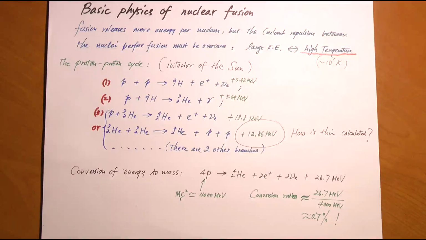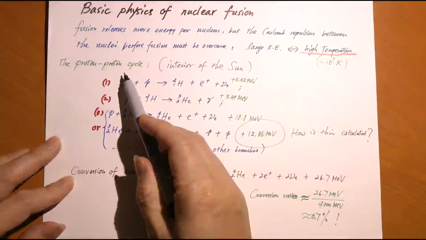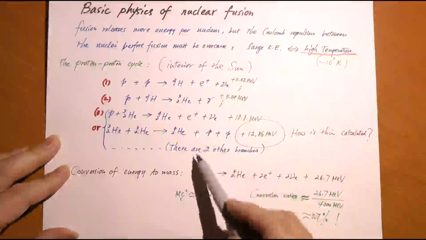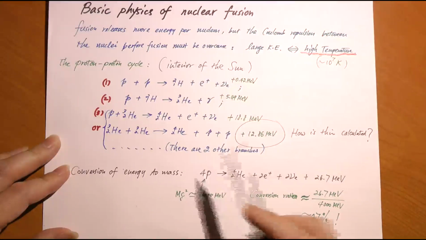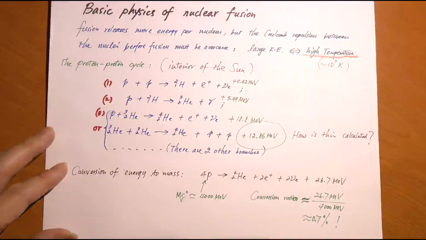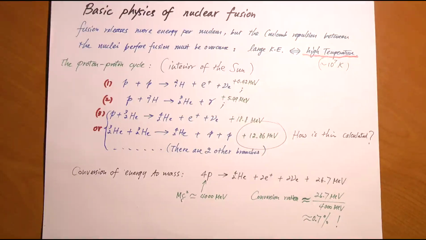The core temperature of the sun is about 15 million Kelvin, 1.5 times 10 to the 7 Kelvin, and that is enough to sustain nuclear fusion. The so-called proton-proton cycle is the most famous nuclear reaction sequence with which the sun produces its energy. So the sun basically is a huge nuclear furnace, producing energy through nuclear fusion, not fission.